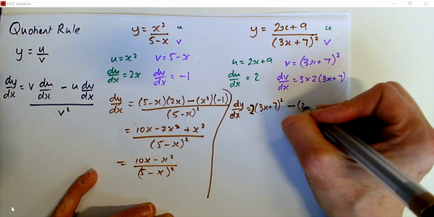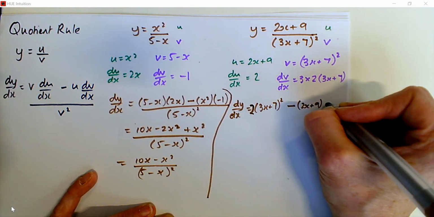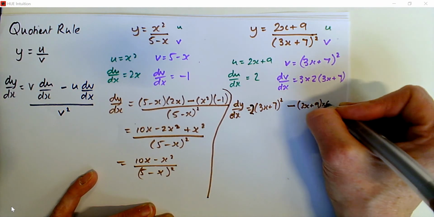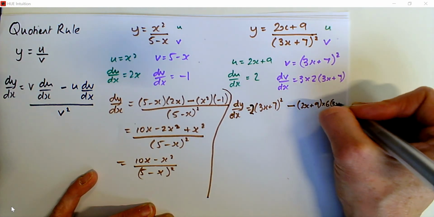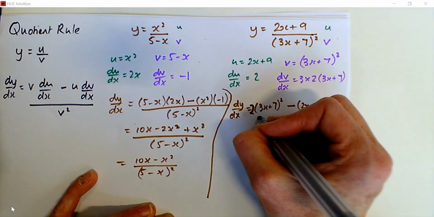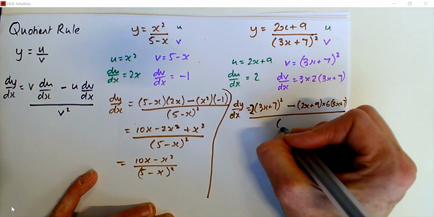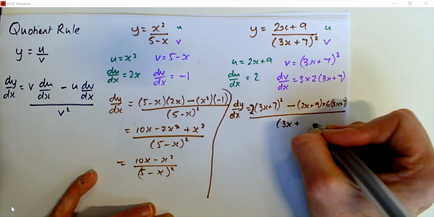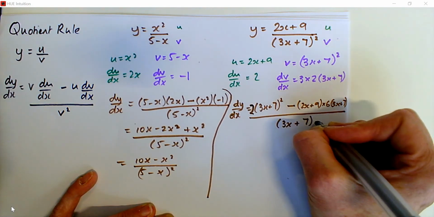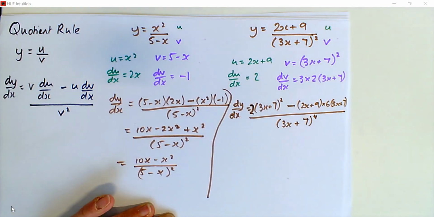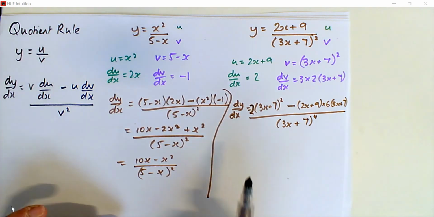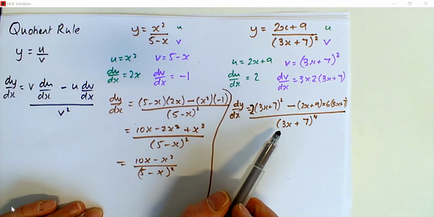So I've got 2x plus 9 times 6 times 3x plus 7. And that is all over v squared. If v is originally 3x plus 7 squared, when I square that, it goes to the power of 4. And again, make sure you never expand that out in the denominator.